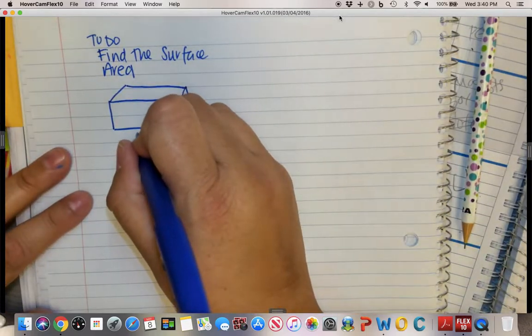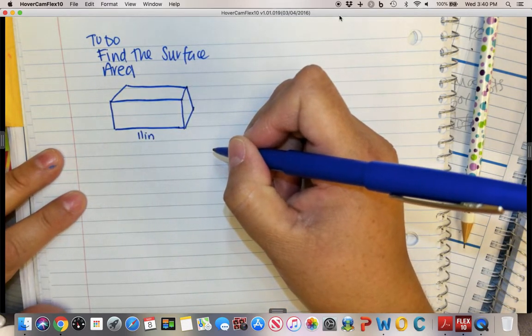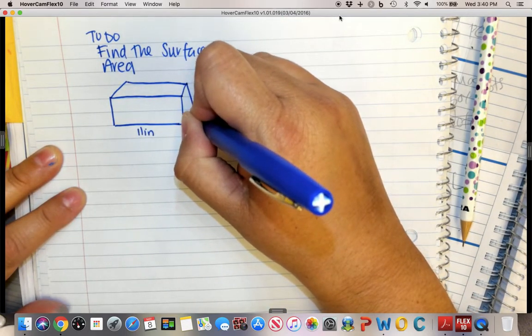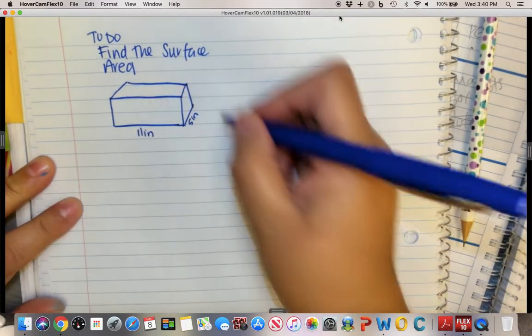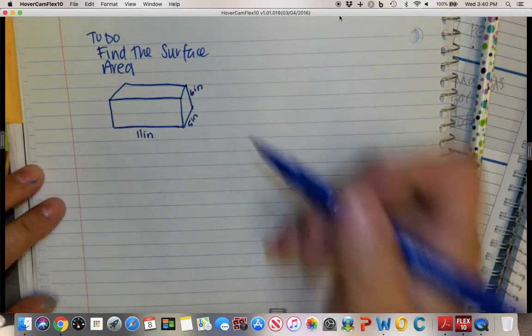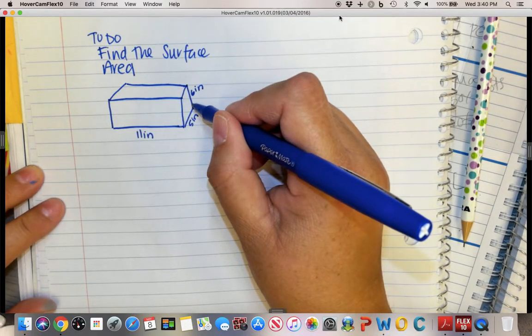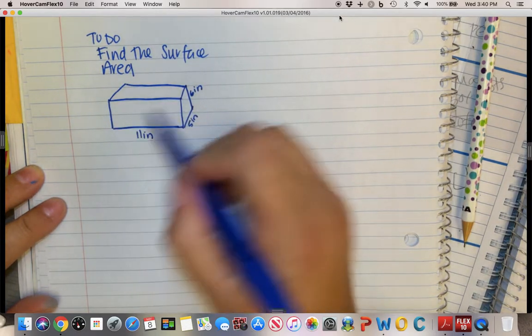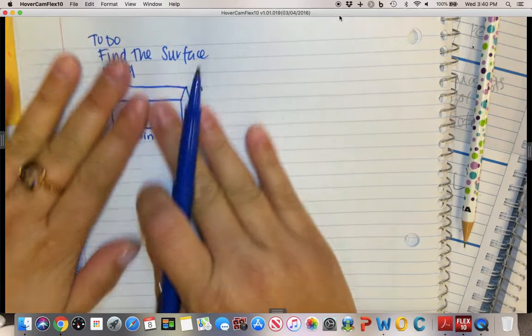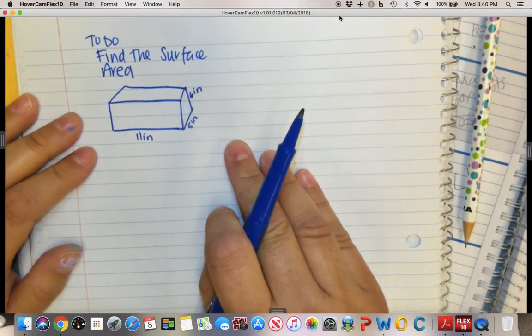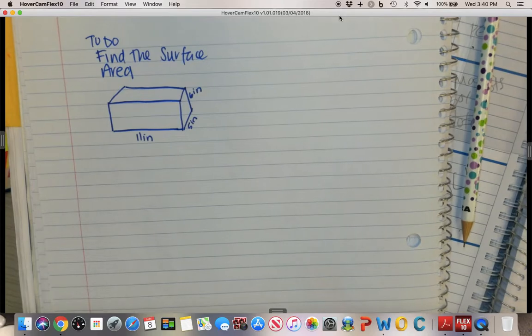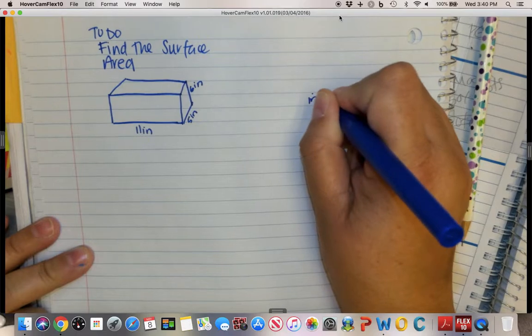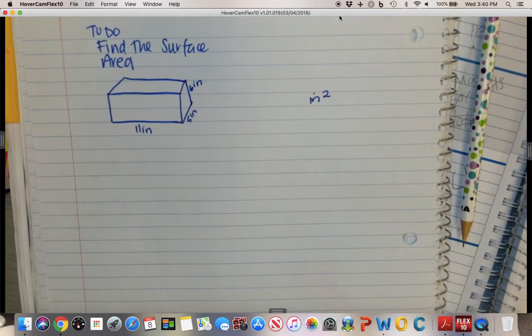Okay, this is 11 inches by 5 inches by 6 inches. 5 by 6 by 11. So I want, and remember, 6 sides. Find all those sides and add them up. And don't forget to put inches squared for your answer. All right, try that on your own and we'll discuss it.